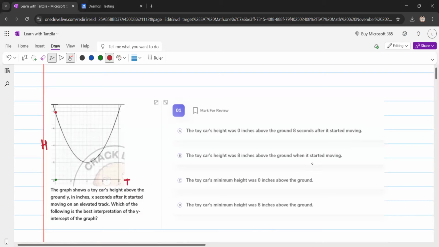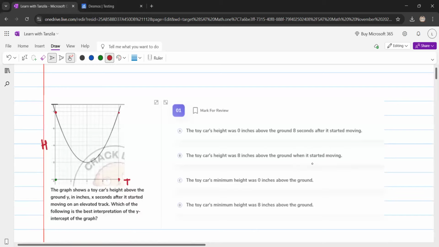Let's move on. The toy car's height was 0 inches above the ground 8 seconds after it started moving. So after 8 seconds is here. After 8 seconds, it's at the height of 8. So no, not our answer. The toy car's height was 8 inches above the ground when it started moving.